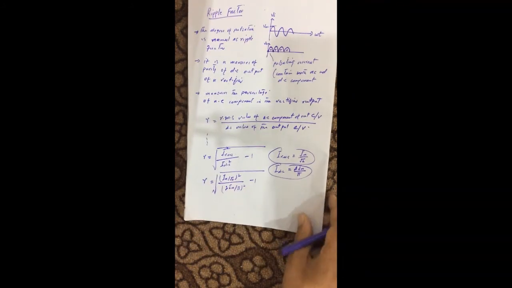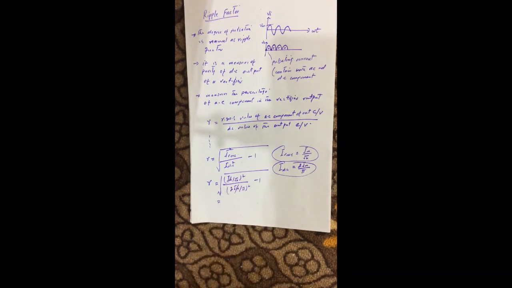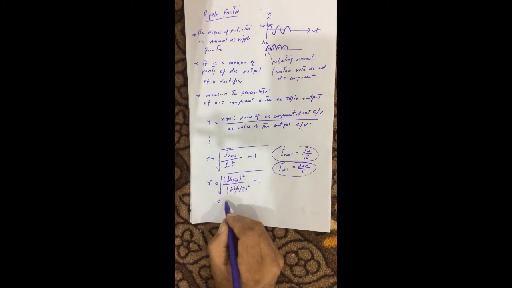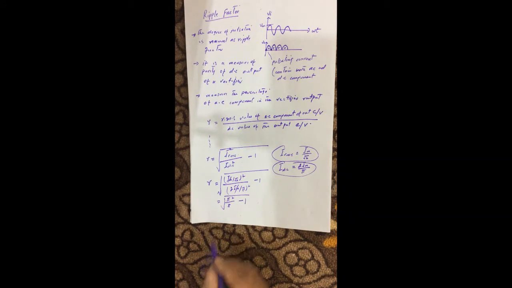If we solve it, Im cancels with Im, and we have pi squared in the denominator, so it goes to the numerator: the square root of pi squared divided by 8, minus 1. If we solve it, we get the value of the ripple factor, which is 0.48.